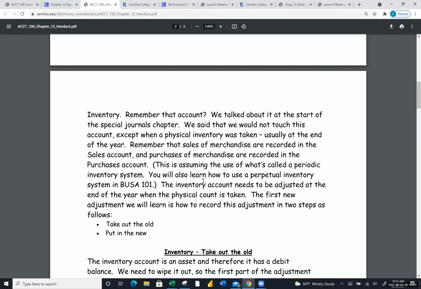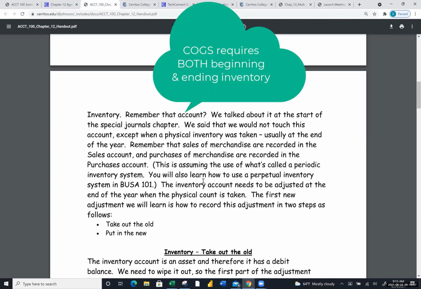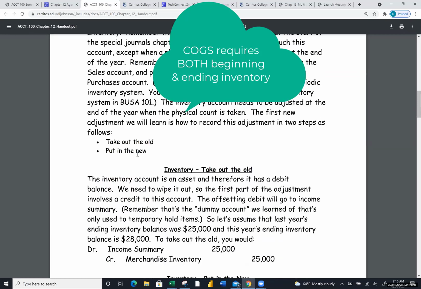What we're used to seeing is the net delivered cost of purchases, that's the cost of purchases bought. To transition that into cost of goods sold, we need to do two things. We need to take out the old inventory and put in the new inventory.